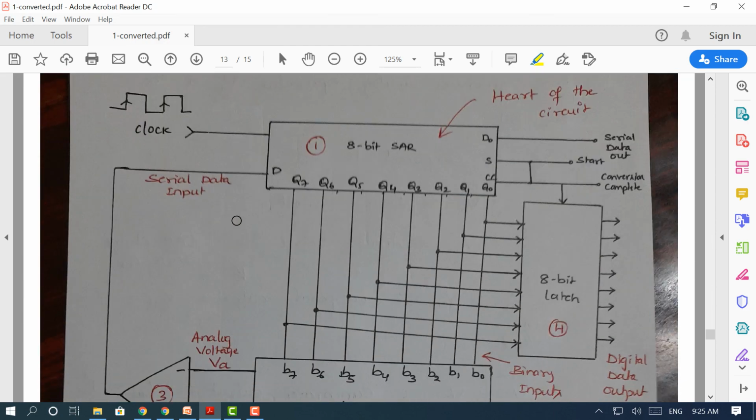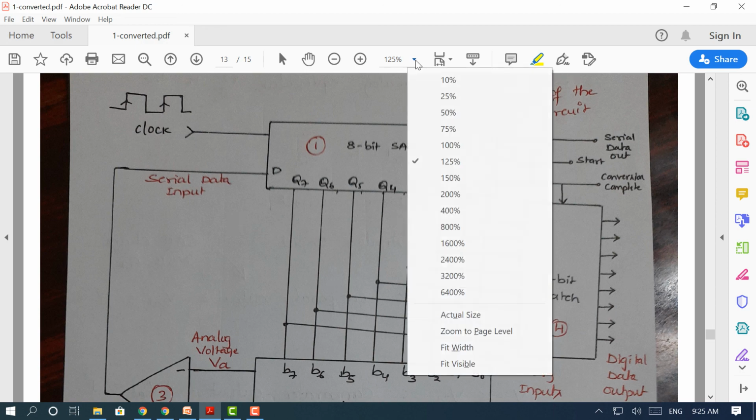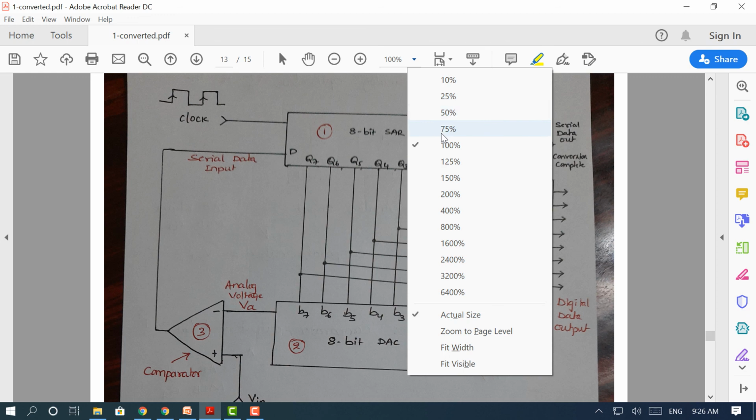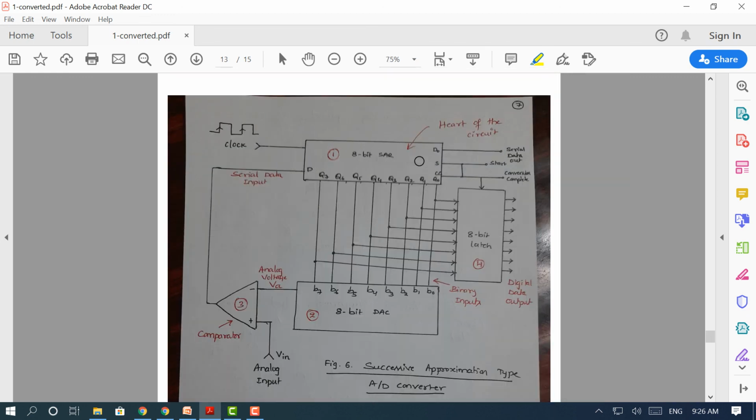The block diagram of the successive approximation register type A to D converter is as shown here. I'll try to minimize this so that you can see the whole circuit. Yeah, now we can see the complete circuit here. This is the block diagram of successive approximation type analog to digital conversion.